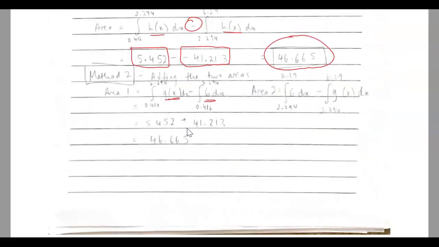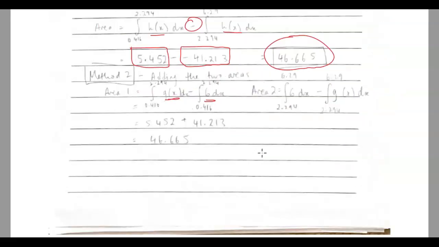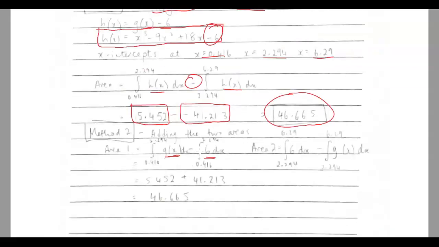Getting a bit scribbly here. And then area 2, you're basically doing it the other way around because now f of x is above g of x. Yeah, so you get the same answer that way, but I'm just trying to think if many people did it that way. I think I did see a few people do it that way, but it was mostly that shifting down that I saw.